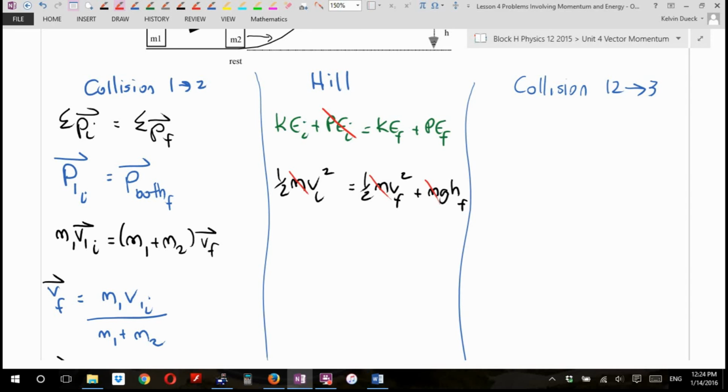I think I want VF. I'm going to do that trick of times by 2, times by 2, times by 2. Cancel, cancel, because that's going to give me VI squared equals VF squared plus 2 g h final.